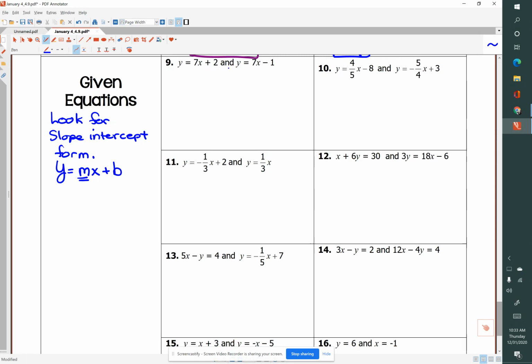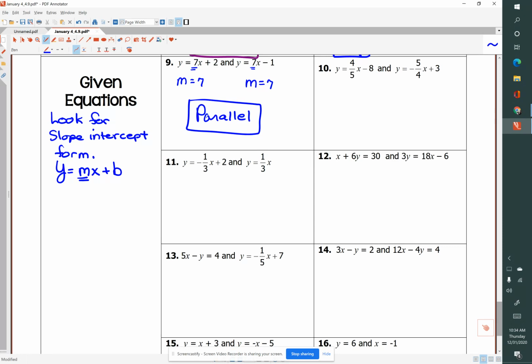Well, let's evaluate for slope. The slope for the first equation is 7. The slope for the second equation is 7. So those lines are parallel. So we're good to go with that.